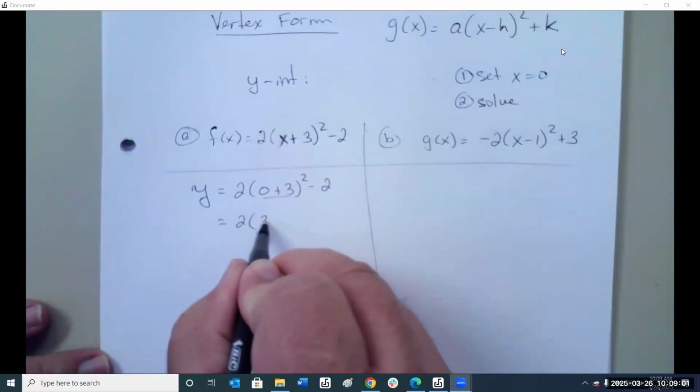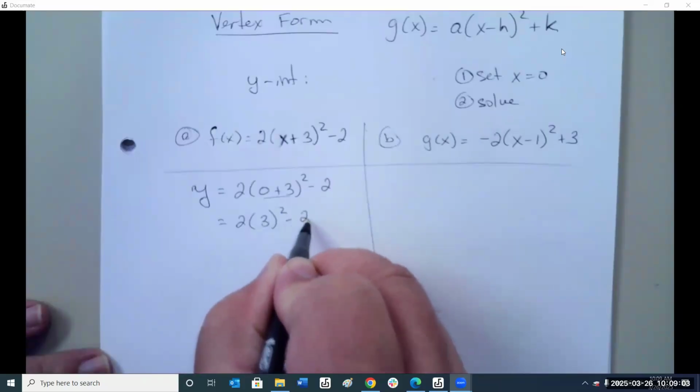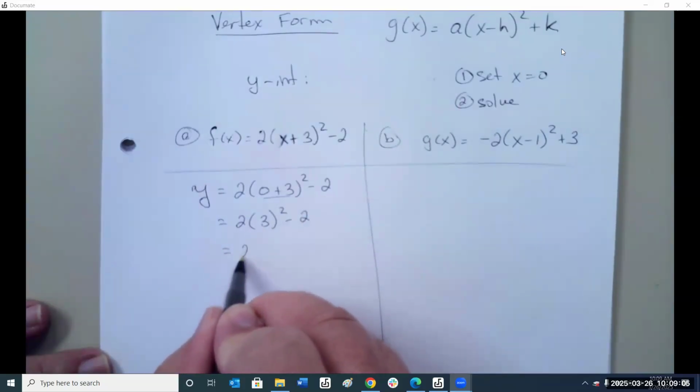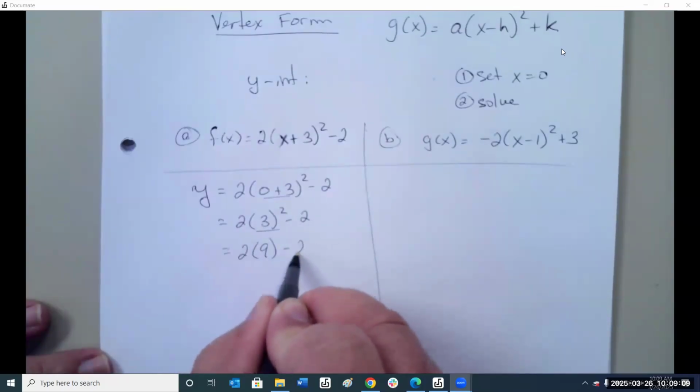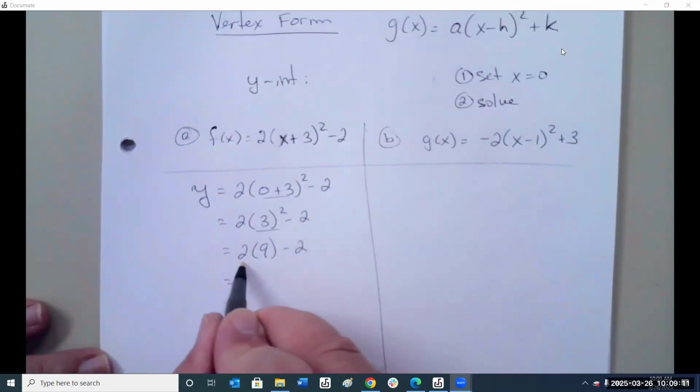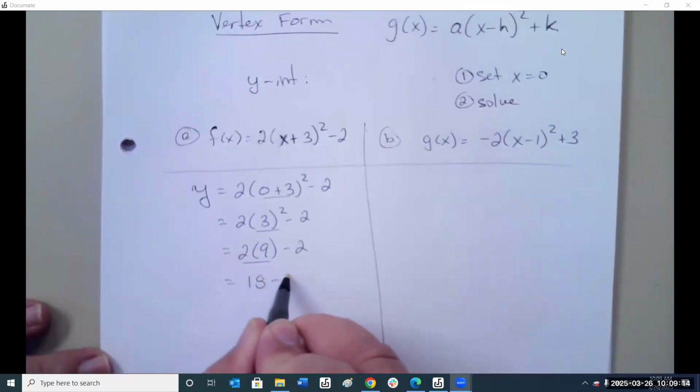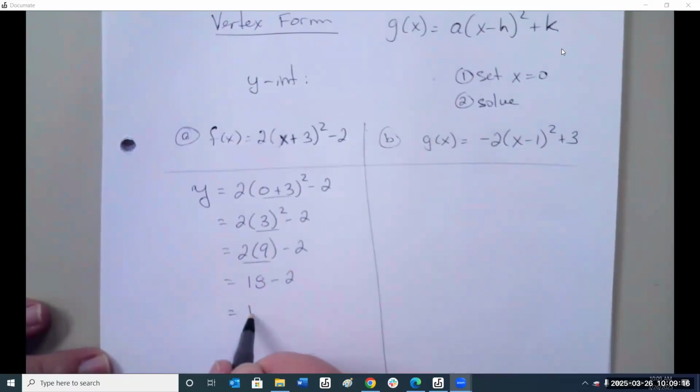0 plus 3 is 3. 3 squared is 9. 2 times 9 is 18. 18 minus 2 is 16.